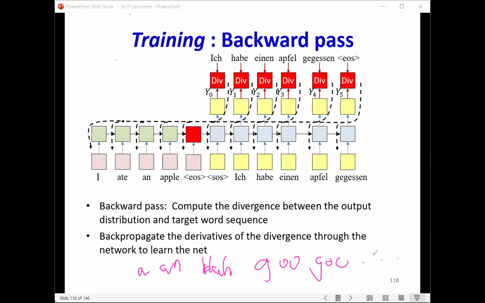And keep producing this. Can you compare this to Ishaba and Apfelgeges and compute a differentiable loss? Can you do that? So you don't want this, right? By cheating in this manner, you always know what the next target word is, and so you can compute a loss. That's why you do this. Does that make sense, Brian?